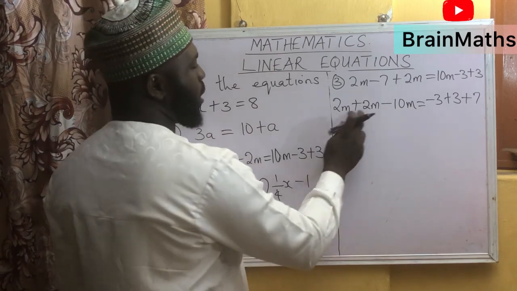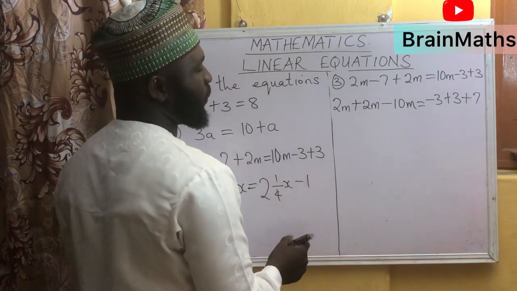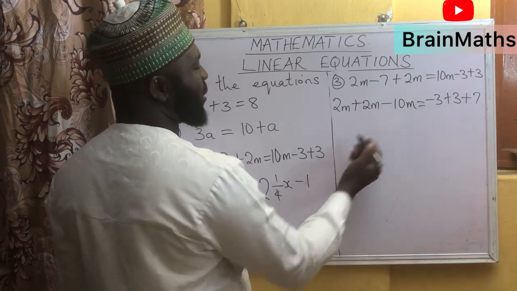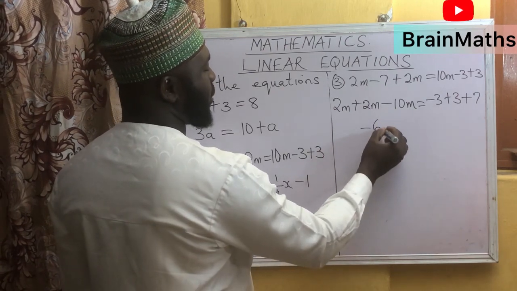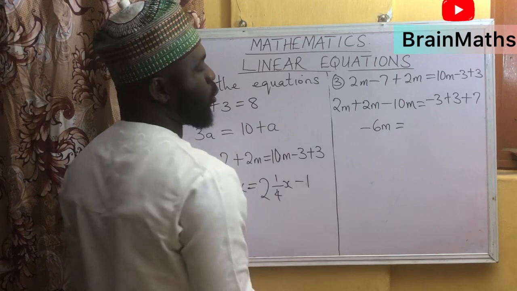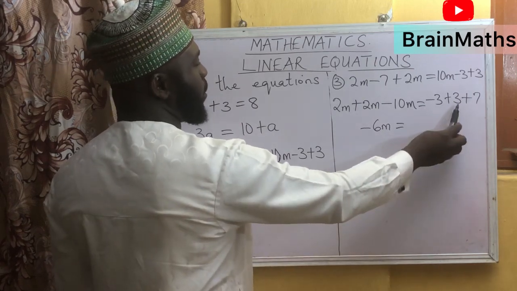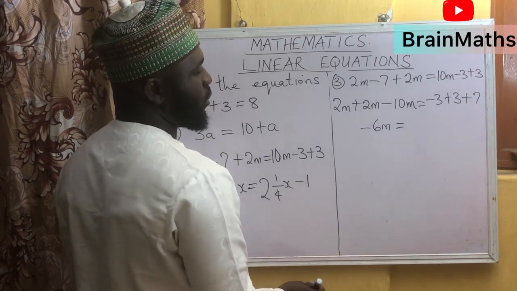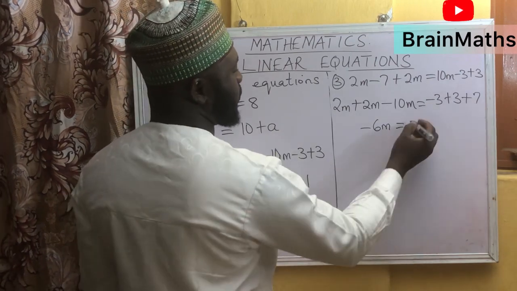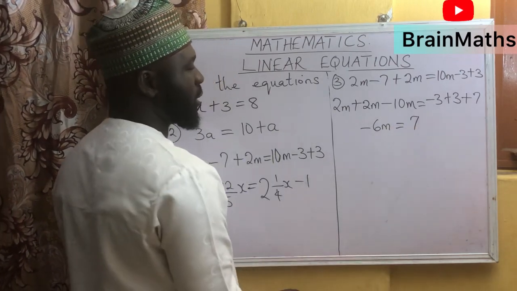So we have 2m plus 2m, that is 4m. 4m minus 10m, that will give minus 6m, which is equals minus 3 plus 3, that is 0, plus 7. Then we have 7 on this side.